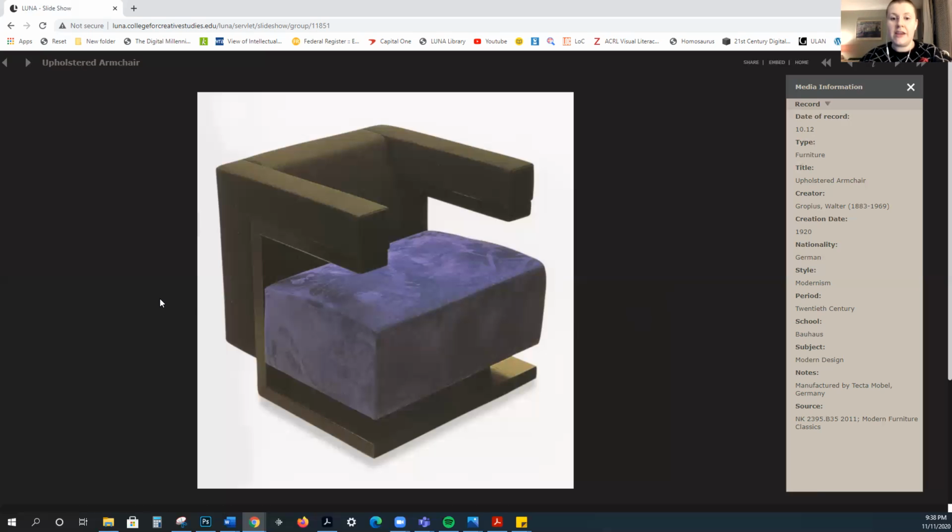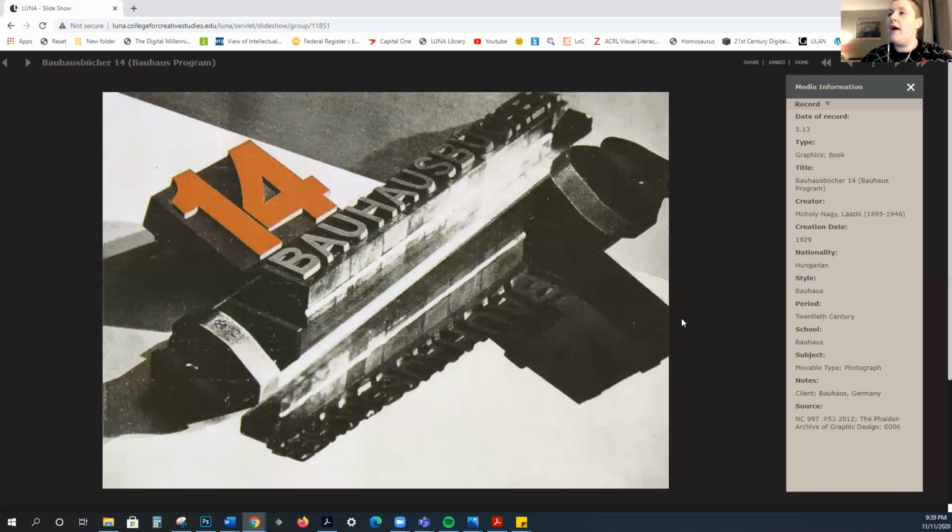And when it started, it originally had an expressionist aesthetic. So think about the expressionism that we've seen in this class before. But this is gradually replaced by functionalism and an interest in industrial design. And this is seen here, in the graphic design, right?